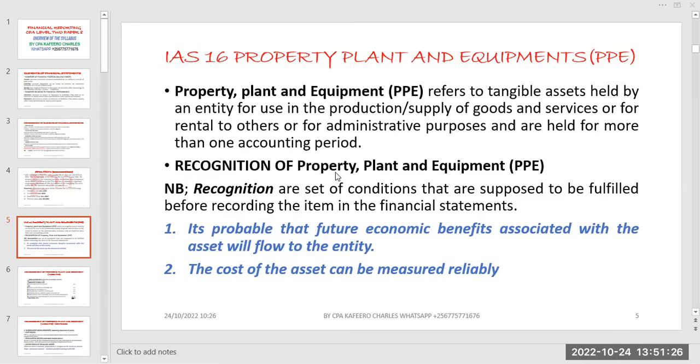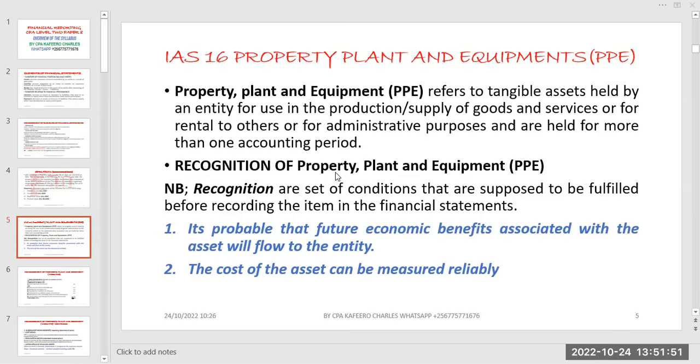But upon recognition, having decided that this asset is going to bring cash flows to the entity, and its cost we can determine, then which cost are we going to assign to that item? That's what we are going to be looking at in the next slide.